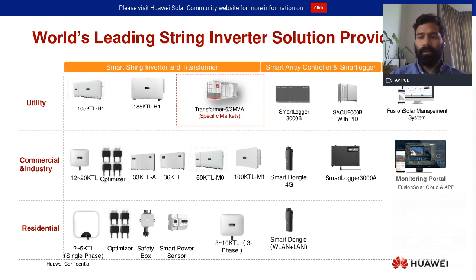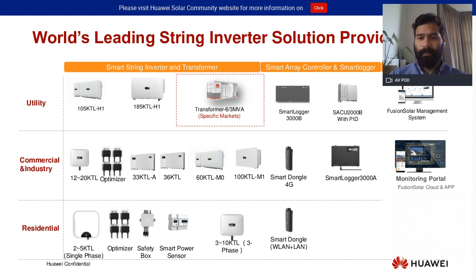Then we have a transformer station, which comes in two sizes, 6 and 3 MVA. This equipment at the moment is not available in the UK, but we are going through the respective certification process, and we are aiming to have this available at the end of this year, beginning of the next.